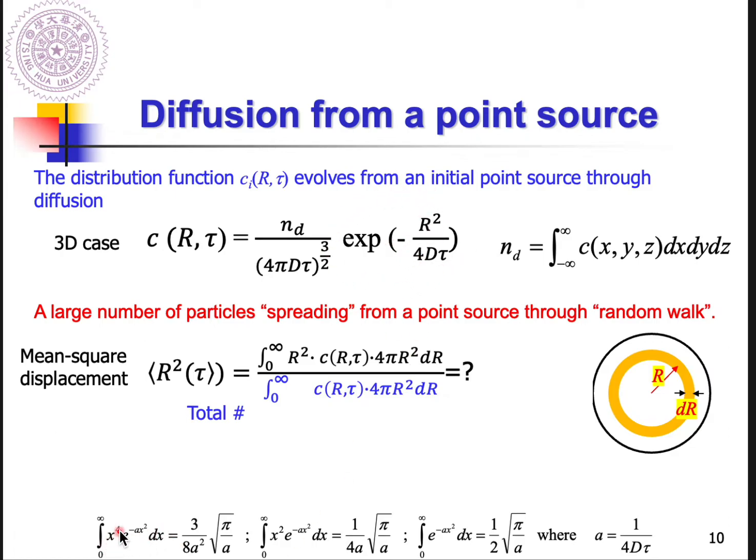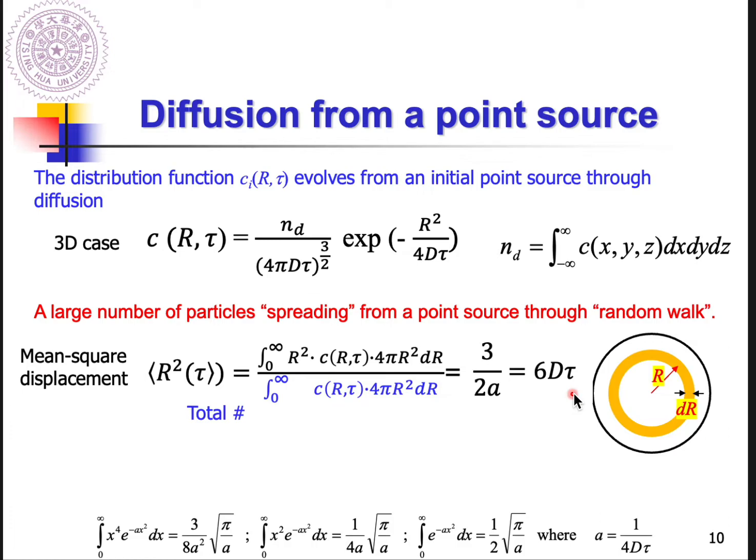So the top portion will be equal to this, and the bottom portion will be r squared times exponential minus r squared. So it will be like this, right? Because this is nothing related to r, you just divide this by this, and then you get the mean square displacement equal to 6Dτ for the 3-dimensional diffusion case.